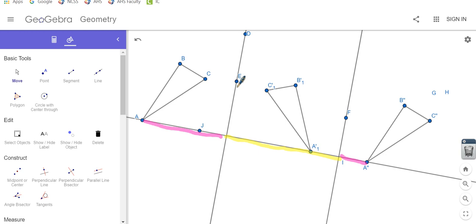If I cover, well, I noticed that it seems like the distance here, the yellow and the pink would have the same distance.